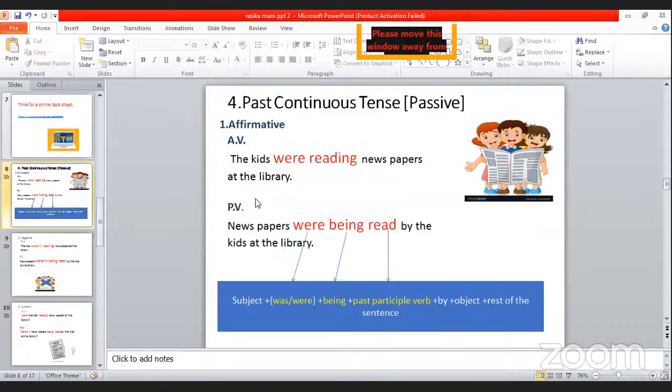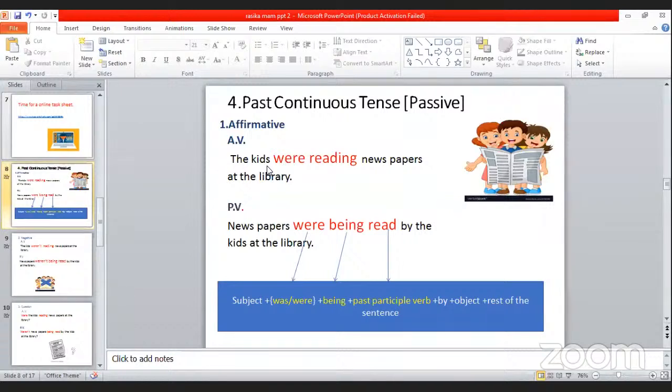This is our given sentence. This action started at some time in the past and is still continuing in the present as well. Now we will see how we are going to turn this type of sentence into passive. As we did earlier, we have to deal with this.